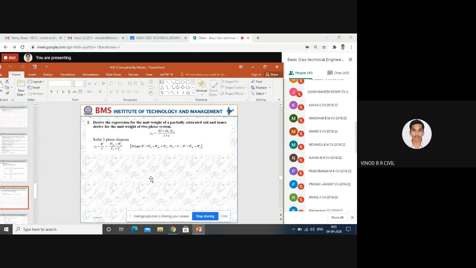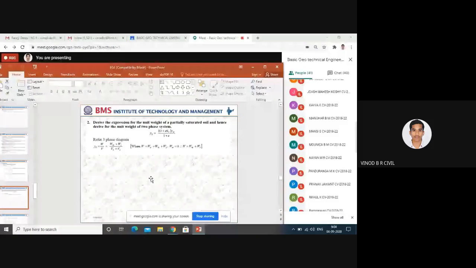Soil, water and air. Here the weight of air is 0, that is Wa is 0. Weight of water we can expect in a numerical, weight of soil also. So total weight is equal to weight of water plus weight of soil.